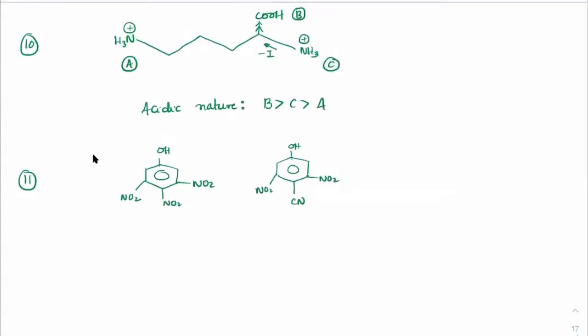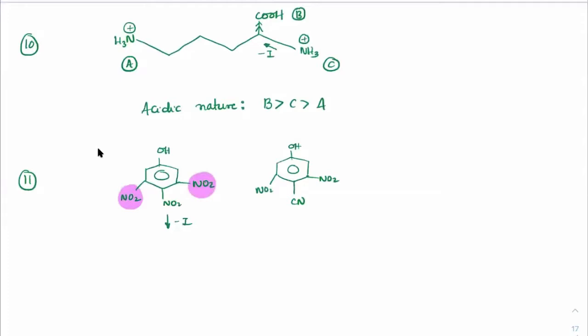Now tell me which one is more acidic, first one or second one? See, first one, now you check out, these two NO2s are bulky enough because of which this NO2 will not be on the same plane. NO2's plane will change. Since it won't be on the same plane, resonance won't happen. Since resonance won't happen, here only minus A effect will be acting, not minus M.